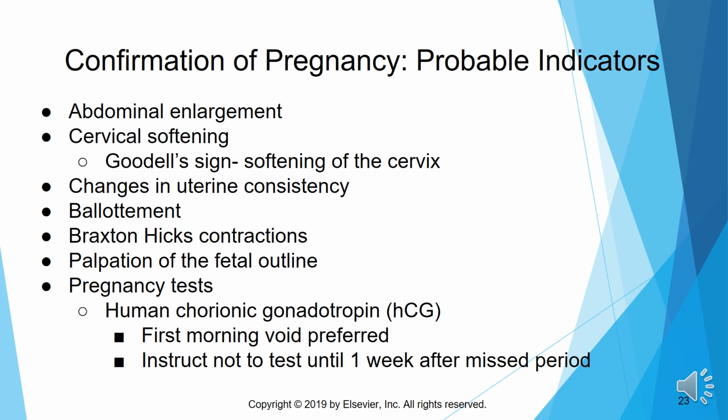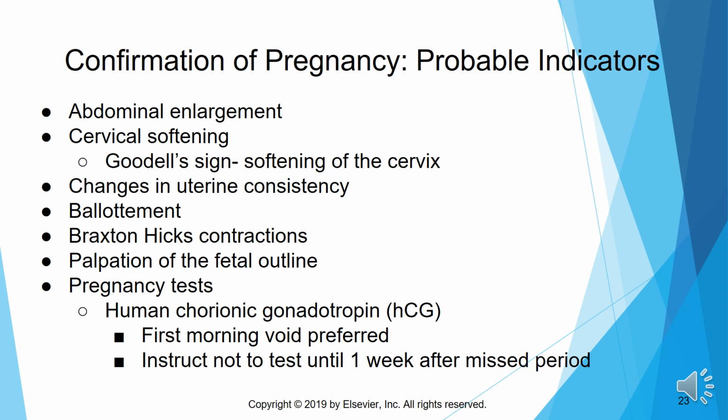And when we provide education to patients on how to conduct these tests, we tell them to use their first morning void, because that's going to be the highest concentration of HCG. So you're more likely not to have a false negative reading because of a low level. But these pick up HCG at a very, very low level. I think it has to be like 5 in order to pick up. Your level has to be like 5, which is very, very low.